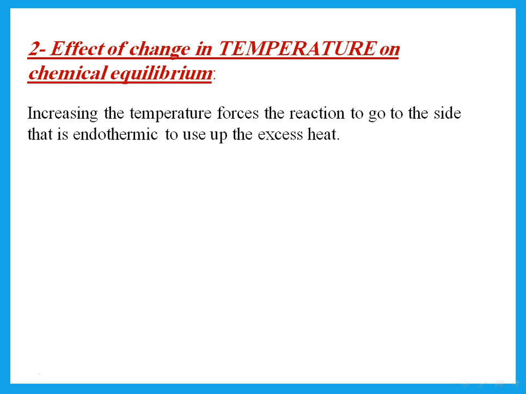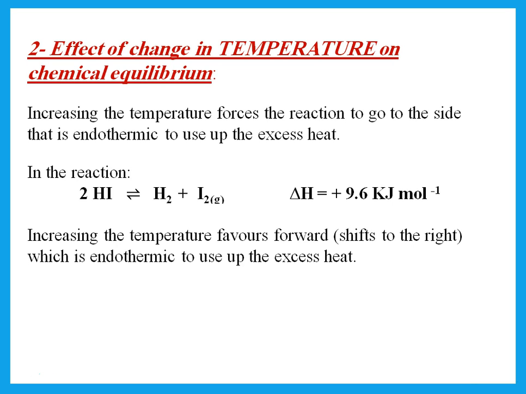What if we change temperature? Now, what happens if I increase the temperature of a reversible reaction? Well, this reaction, for example, 2HI to give H2 plus I2, is an endothermic reaction. That means as it goes forward, it becomes colder. Now, if we increase the temperature, it will try to cool itself down.